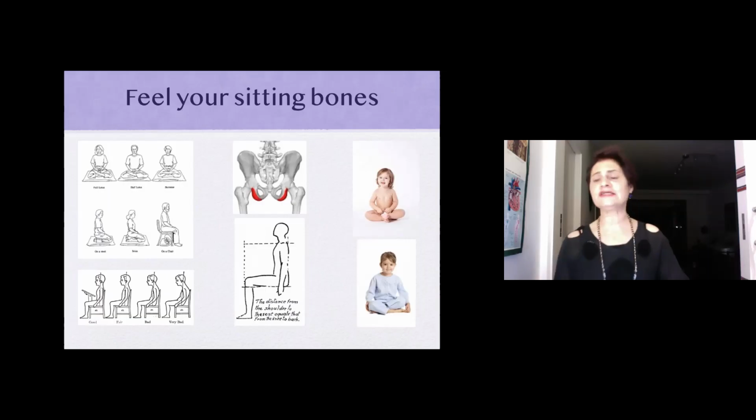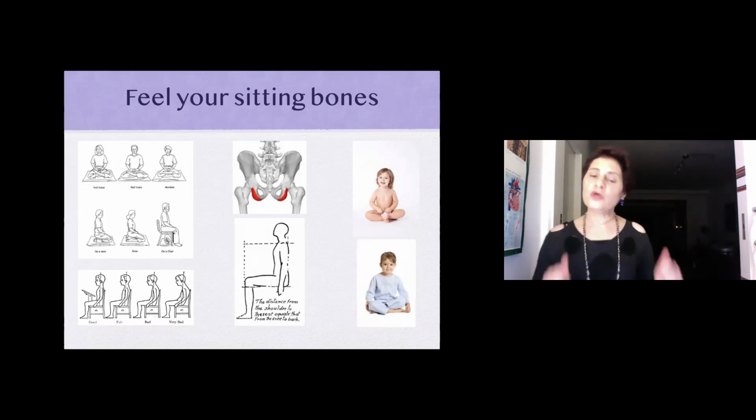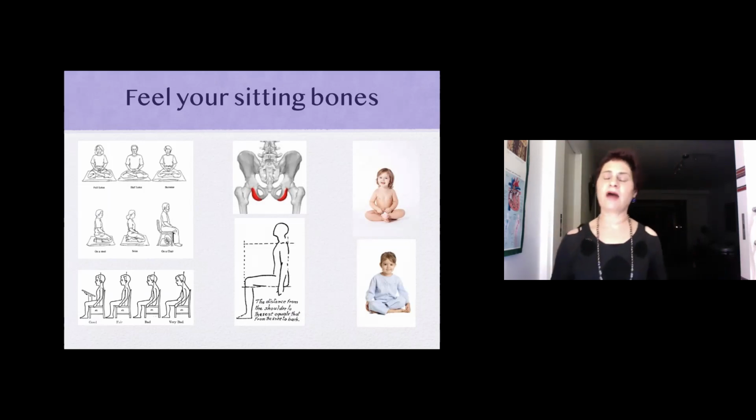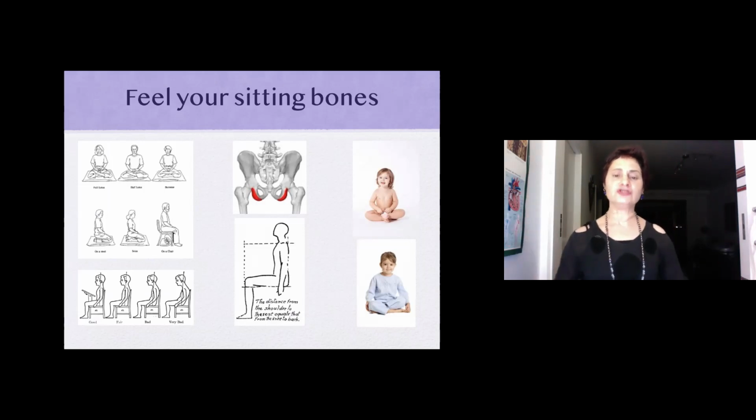Children sit properly, naturally, without us telling them how to do it. That's almost the idea. So find the time and the space and whatever you need, pillows or the right chair, where you can sit and feel that your spine is erect, your head is on top of it, and you can breathe comfortably.